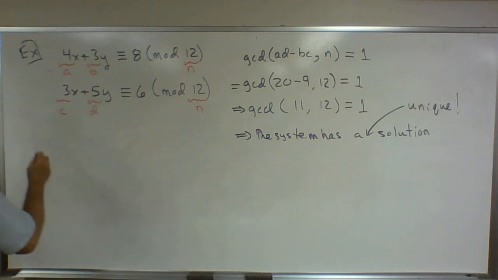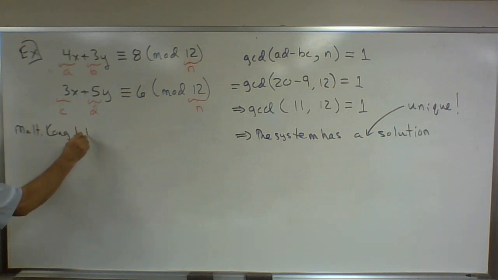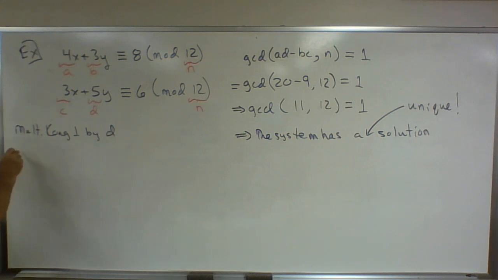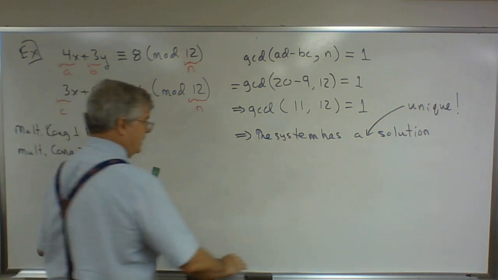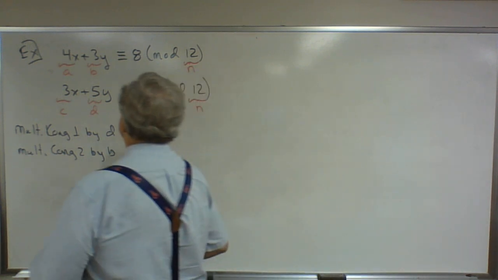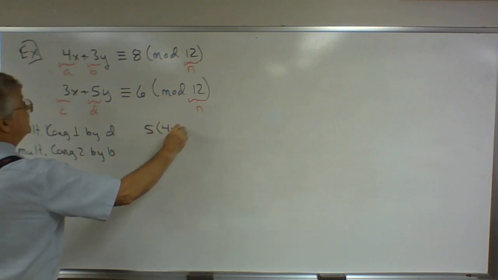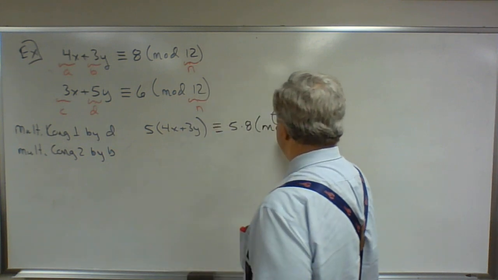We have a unique solution. What do we do? Multiply congruence 1 by D and congruence 2 by B. So D is 5: 5 times 4x plus 3y is congruent to 5 times 8 mod 12.